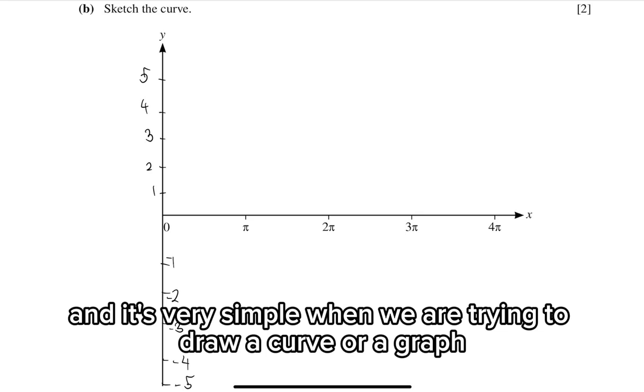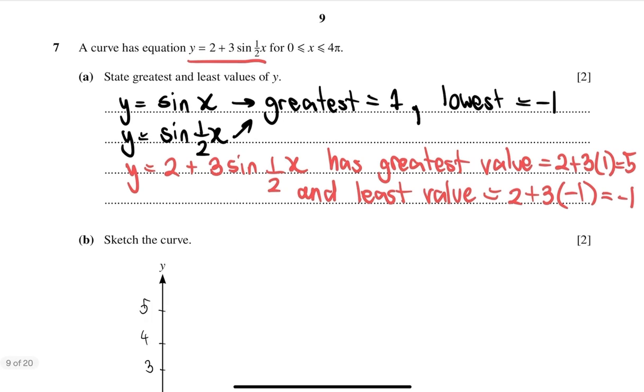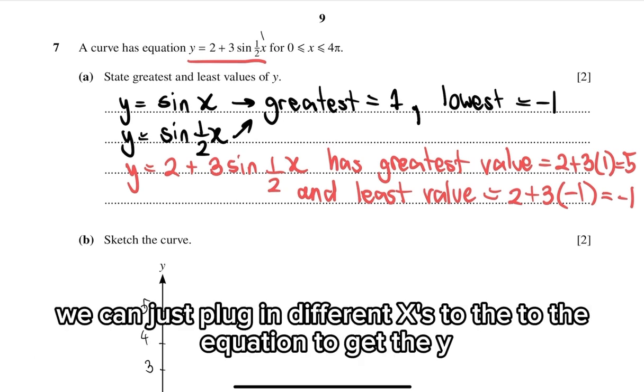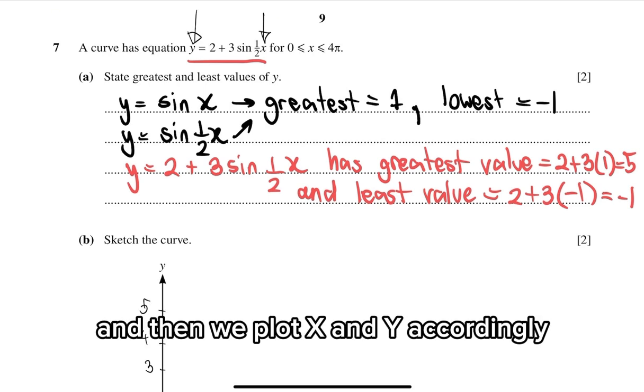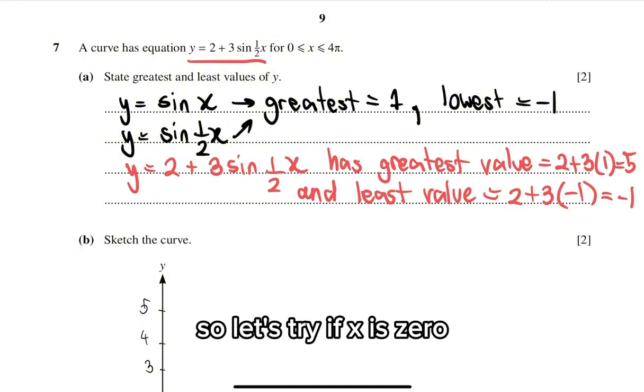And it's very simple when we're trying to draw a curve or a graph. We can just plug in different x's into the equation to get the y, and then we plot x and y accordingly. So let's try.